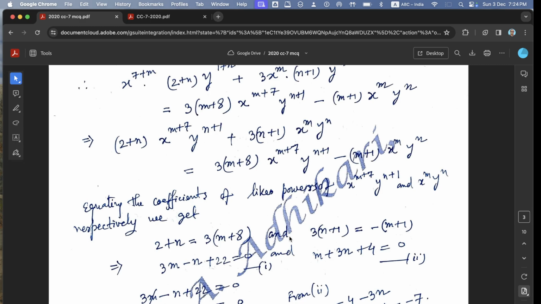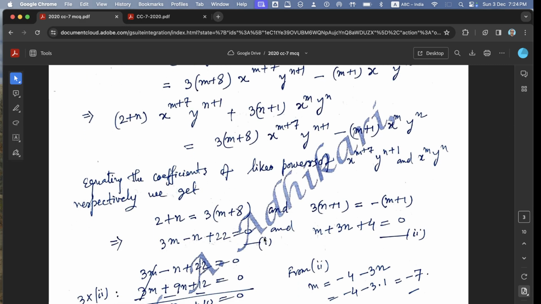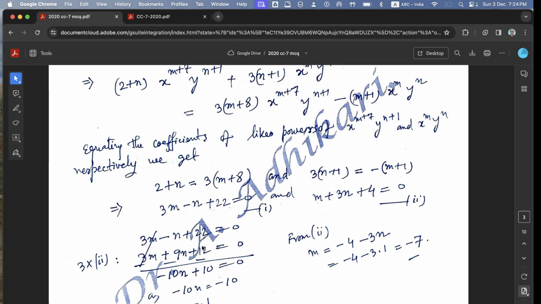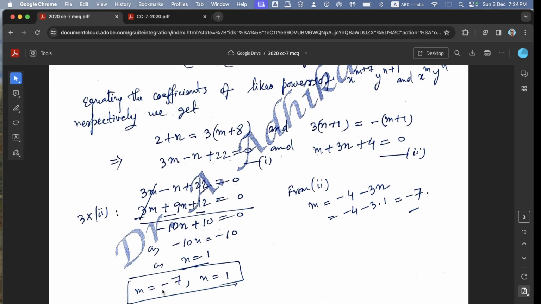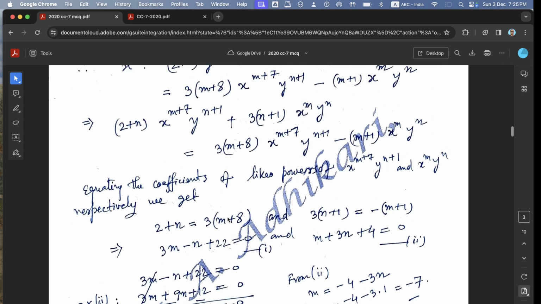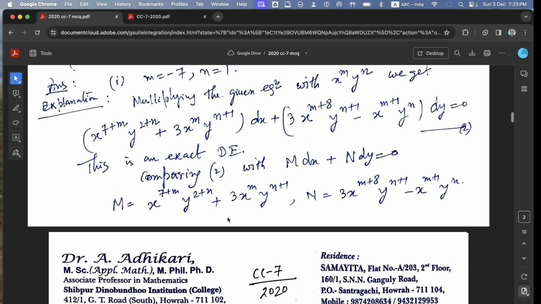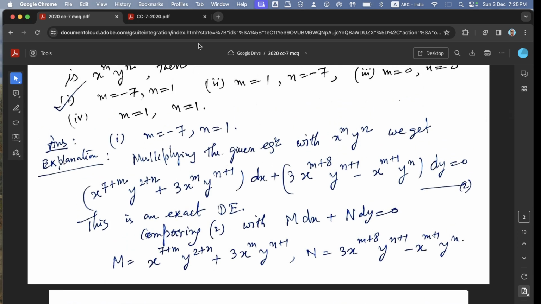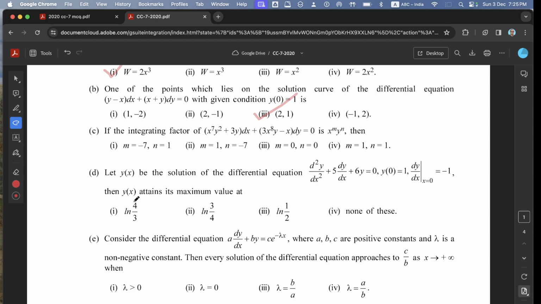Solving these two equations in m and n, we get m equal to minus 7, n equal to 1. So the first option is correct: m equal to minus 7, n equal to 1.